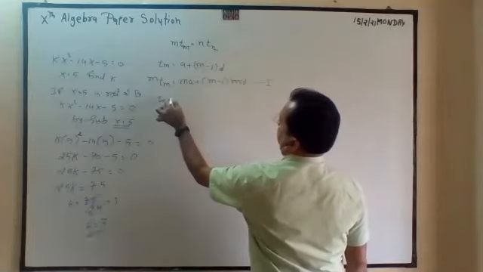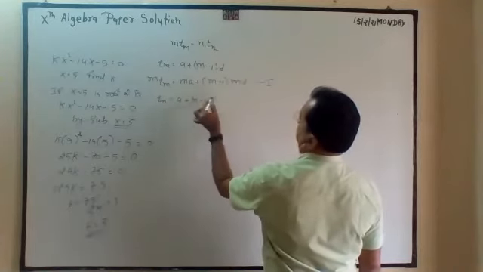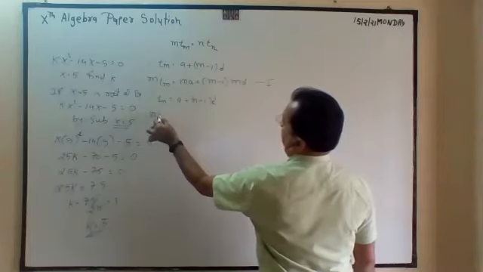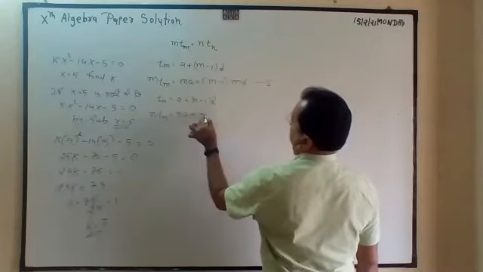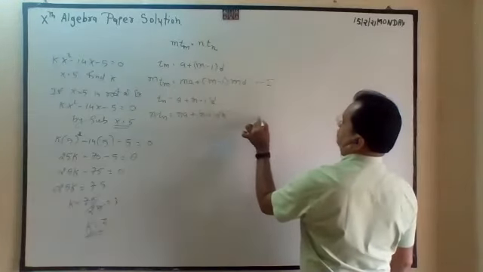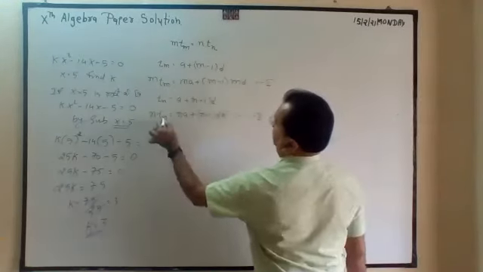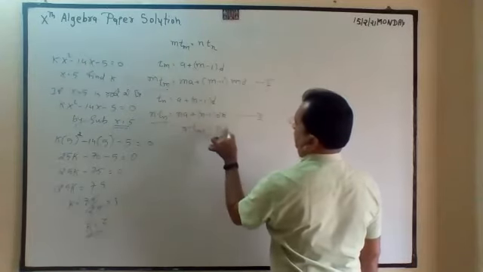Then Tn is a plus (n minus 1)d, and n times Tn is n(a plus (n minus 1)d). This is equation 2. And the left side is equal, m Tm is equal to n Tn.